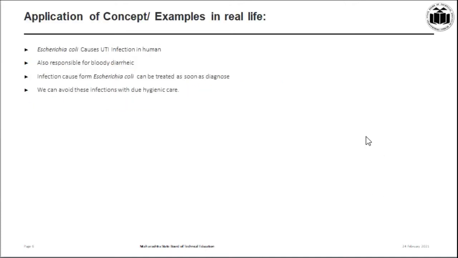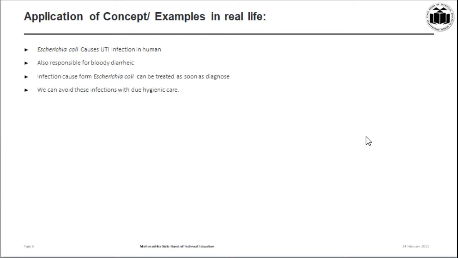So, the overall study of this is essential to know the E. coli, and where the whole study of this lecture can be applied, or the application of this concept in real life. You must know that the E. coli causes infection in humans, that is urinary tract infection. The E. coli is also responsible for bloody diarrhea.